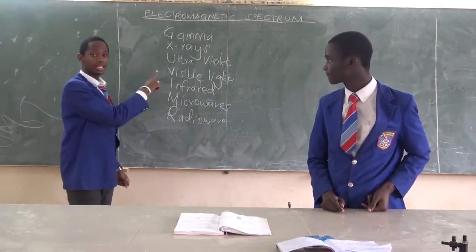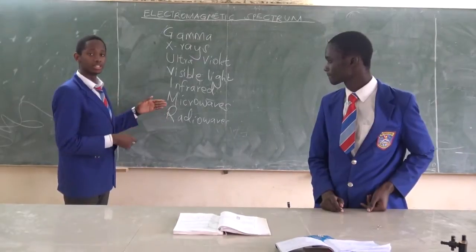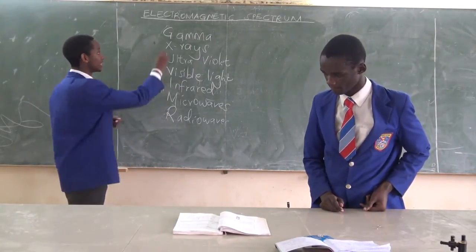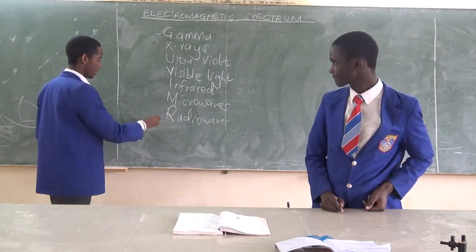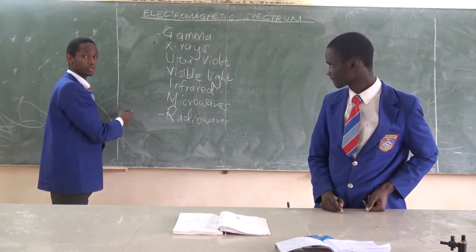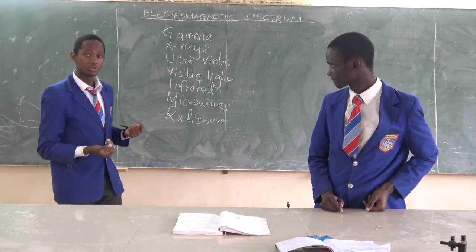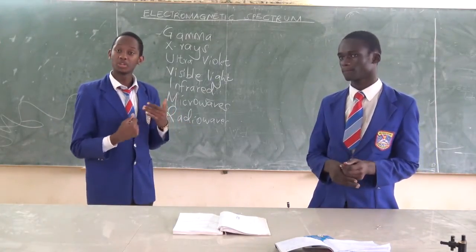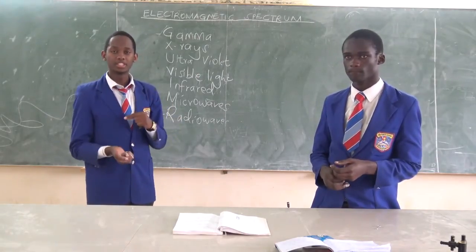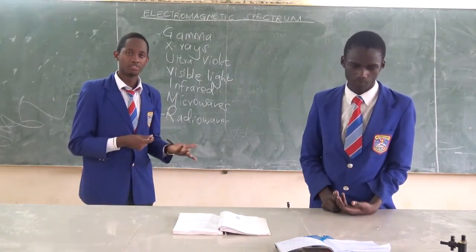This order is in the order of decreasing frequencies, meaning that gamma rays have the highest frequencies and radio waves the lowest frequencies. Something we should know is that the frequency of an electromagnetic wave is inversely proportional to its wavelength.